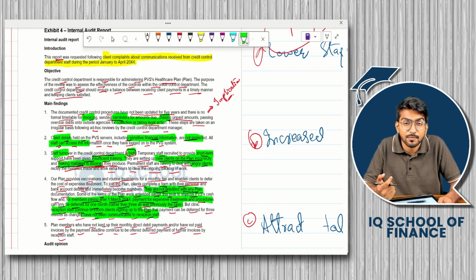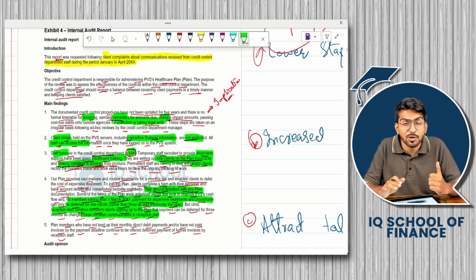The policy should be that a client who has an overdue balance should not be given any further deferred payment plan. Rather, it should be cash payment, or I would say the real time payment option: if you need any further treatment or vaccination, you make the complete full amount payment right now and have the treatment.